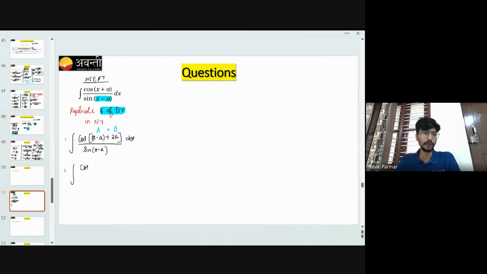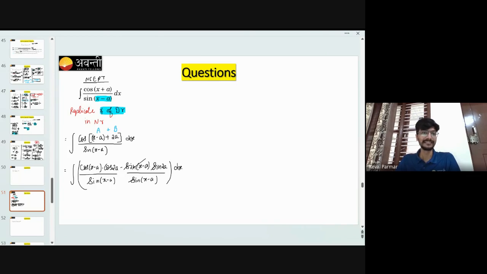So I can write cos of x minus a into cos 2a minus sin of x minus a into sin 2a. And in the denominator, I split the denominator in both: sine of x minus a upon sine of x minus a, the whole dx.